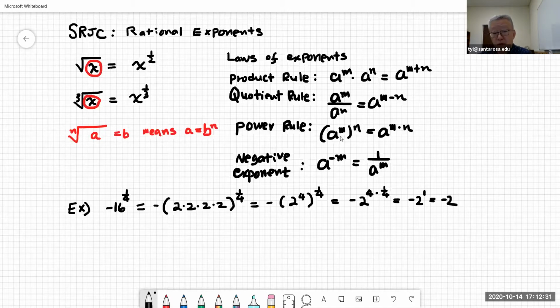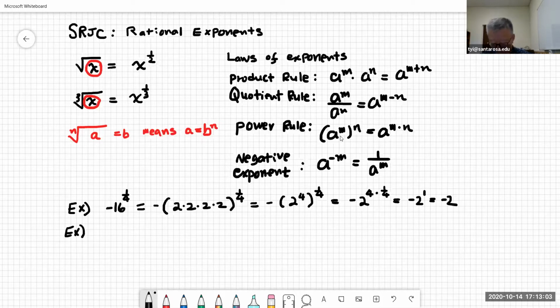As you can see, I rewrote the base into the smallest base I can find, in this case 2. Then I used the laws of exponents to eliminate that rational exponent. Now remember, you cannot use a calculator on the test, by the way, so you're going to have to do this by hand.